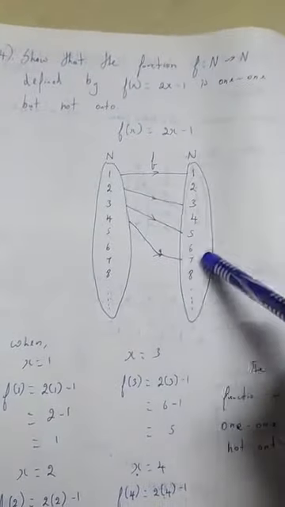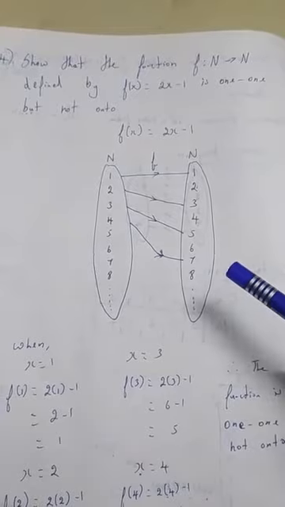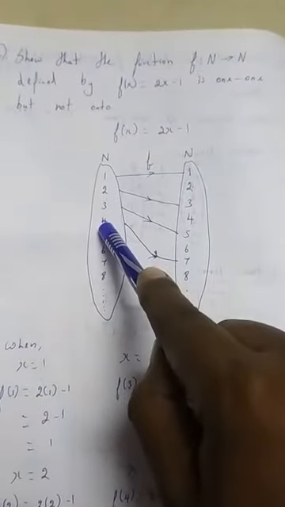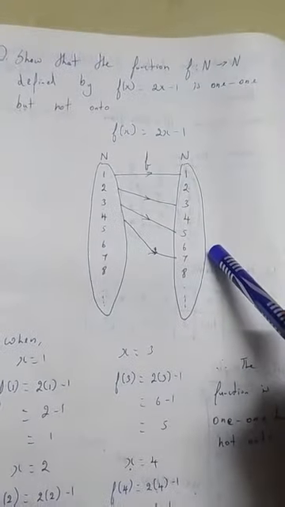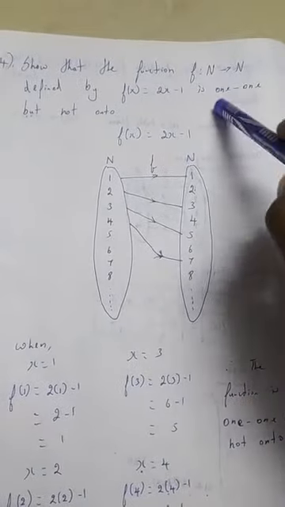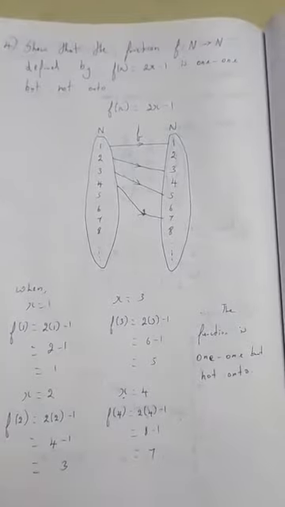But 2, 4, 6 don't have any pre-image. Therefore, some of the elements in the codomain don't have any pre-image in set A. Therefore, it is not an onto function. It is an into function. Right? So, we proved this function is 1 to 1 but not onto.